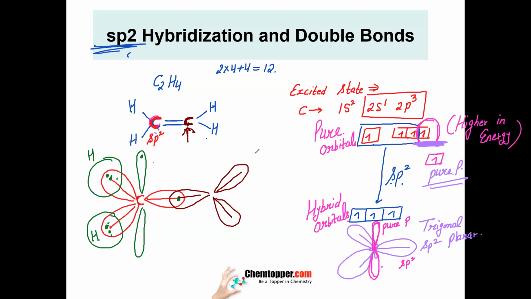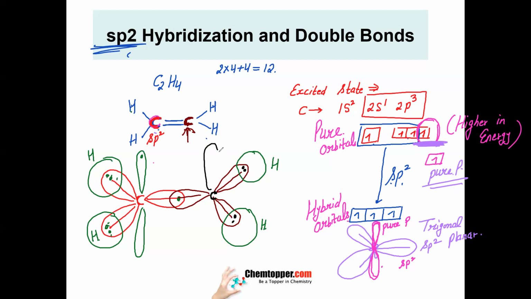And then you have a hydrogen here, and a hydrogen here. This is hydrogen, this is hydrogen. And these are the electrons of the hydrogen and carbon sharing. This is carbon here in the center.